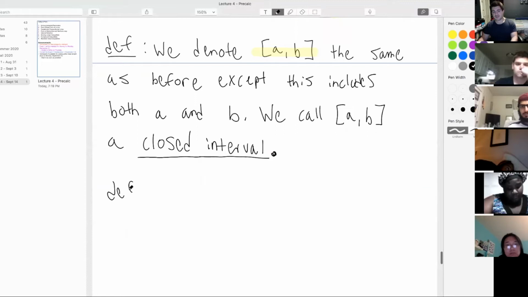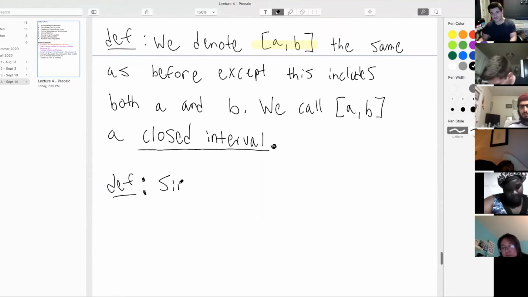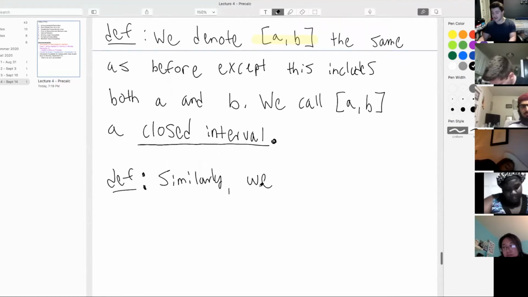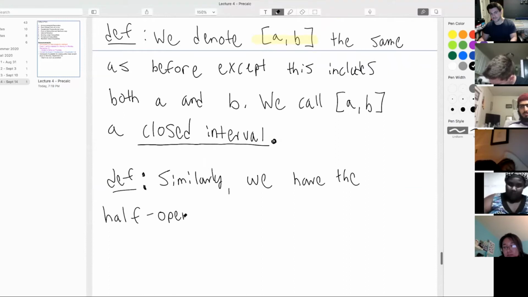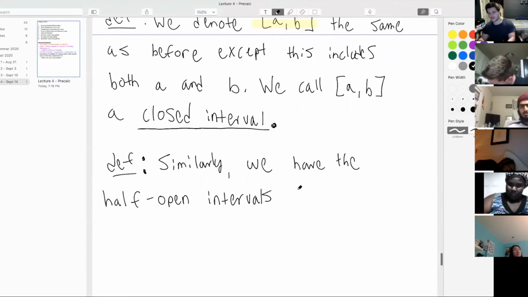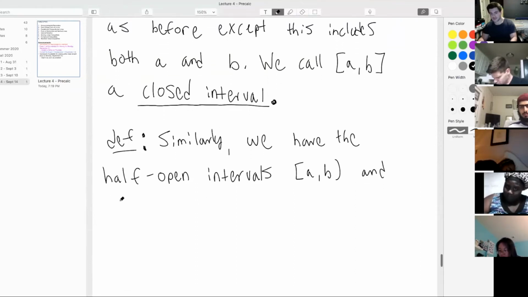But we also have these half open intervals. That will come next. This is the last one. I think you guys can probably guess what half open will mean. We have the half open intervals, and these are one of two things: bracket A, B parenthesis, and parenthesis A, and then B bracket.